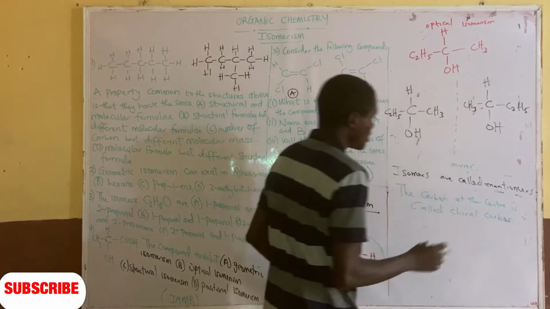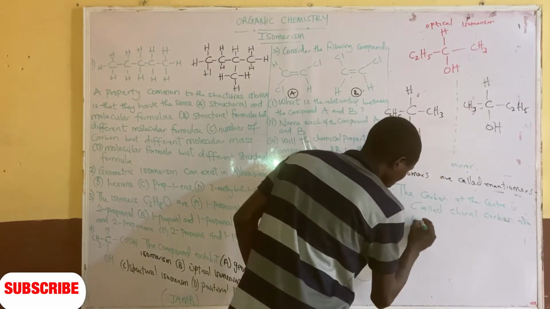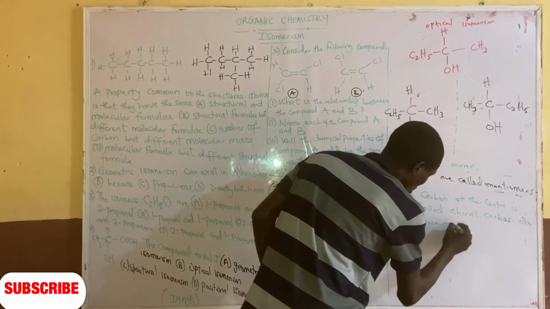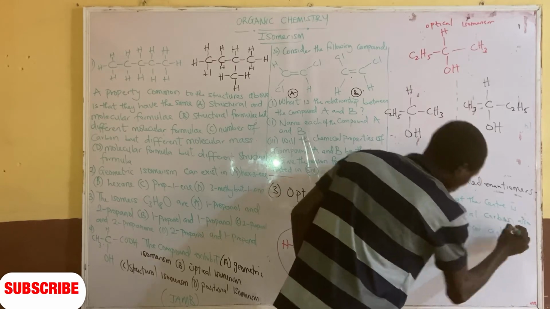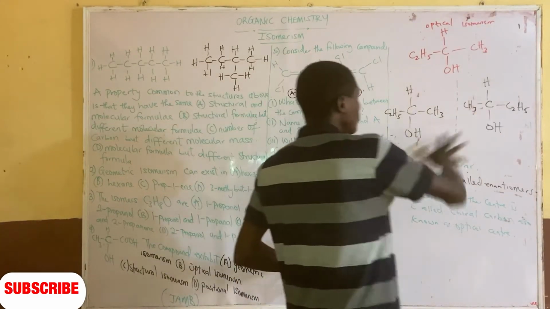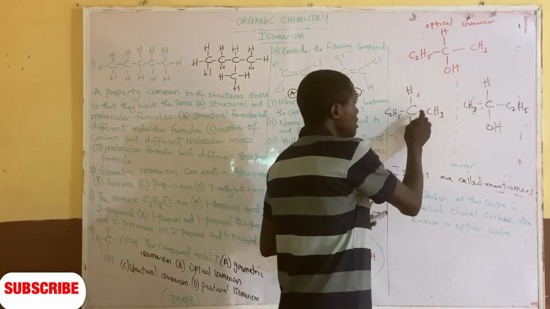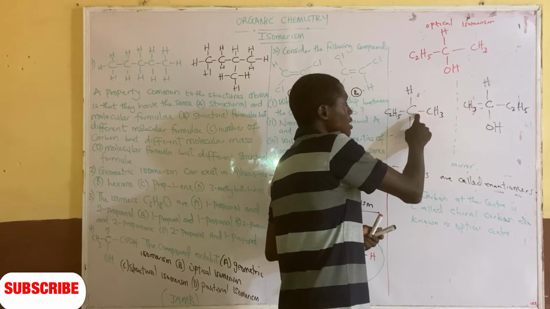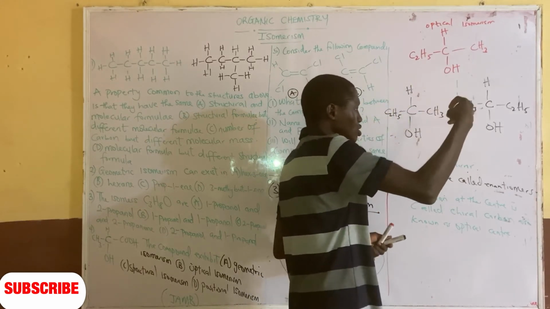The carbon at the center is called chiral carbon, also known as the optical center. This is for just the objective. So in such a situation, we have the carbon here. This is the middle one. This is the optical center whereby all other atoms are attached.